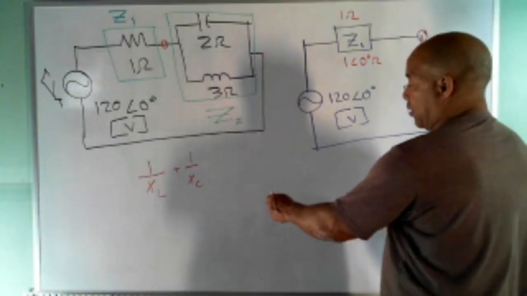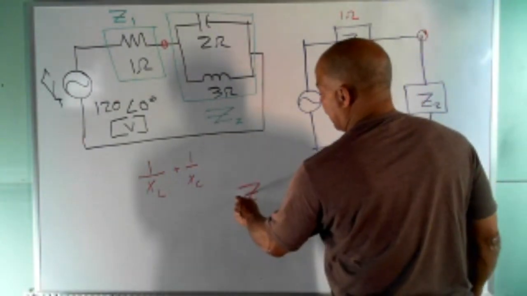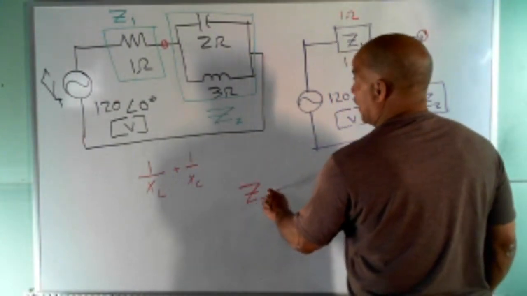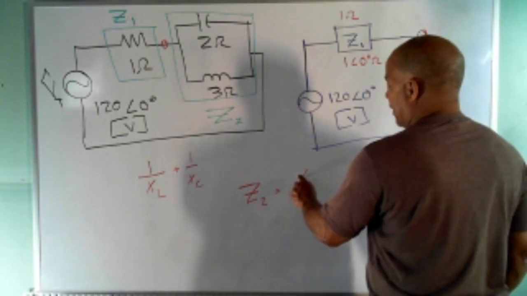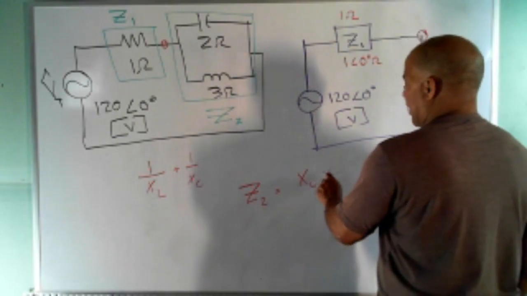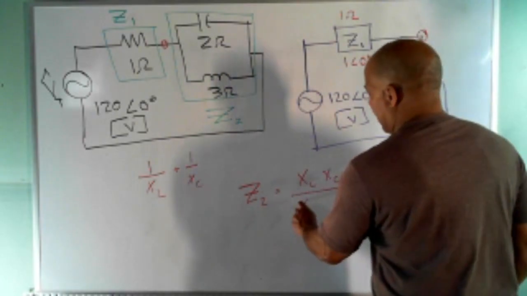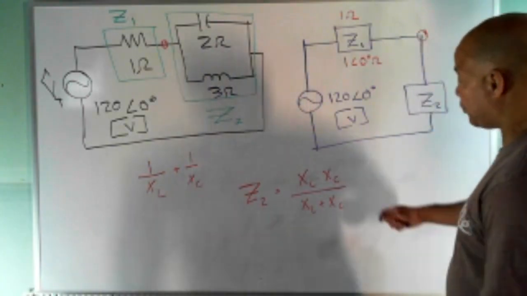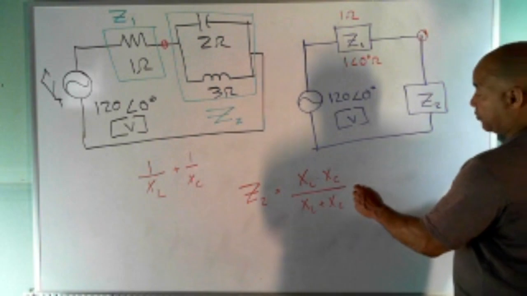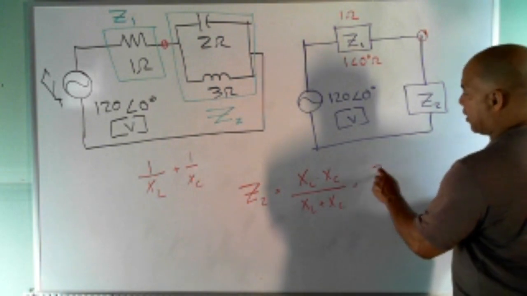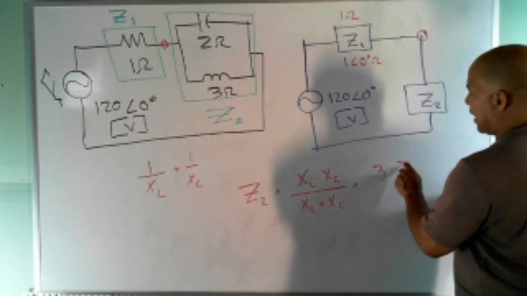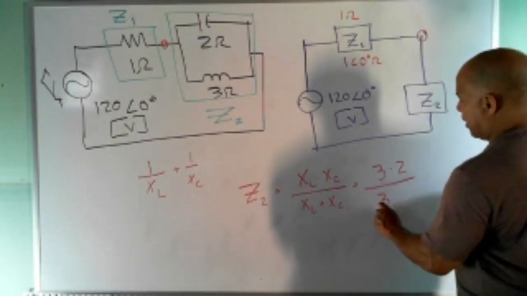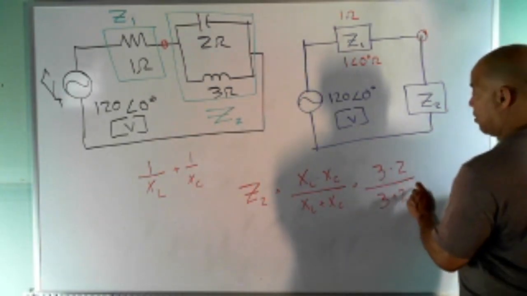So whatever I can do in DC, I can do in AC. So I can say Z2 is equal to XL times XC over XL plus XC. That's probably the easier way to do it. If I do it that way, I get 3 times 2 over 3 plus 2.